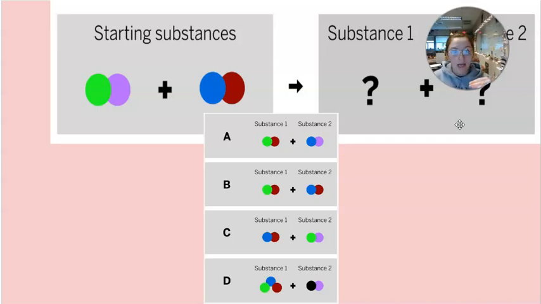In my question in Amplify, I know I don't have all the words here, but it says my starting substances have different properties than my ending substances. If my substances have different properties, can they be the same molecule or do they have to be different? They have to be different.